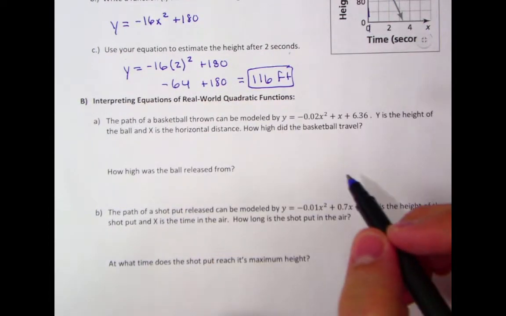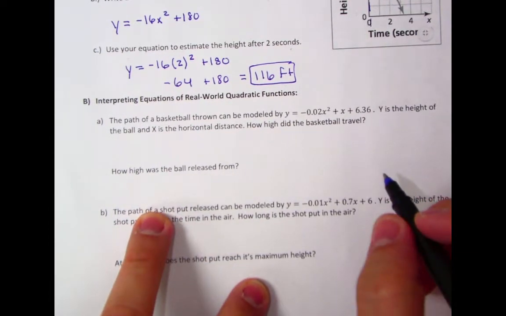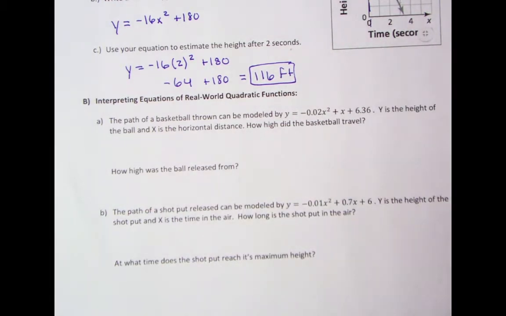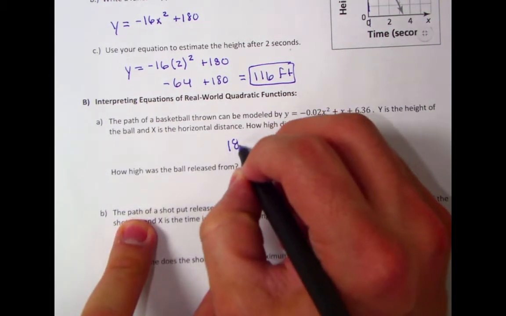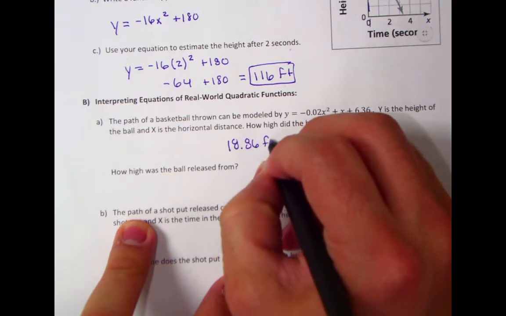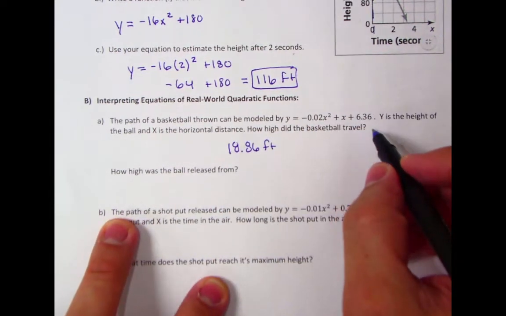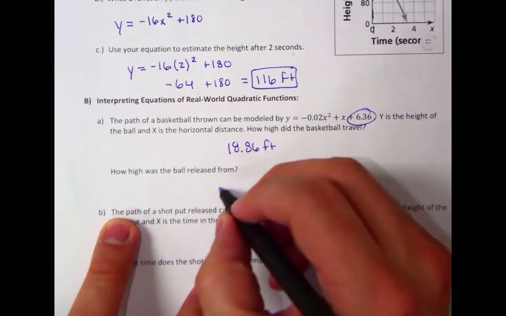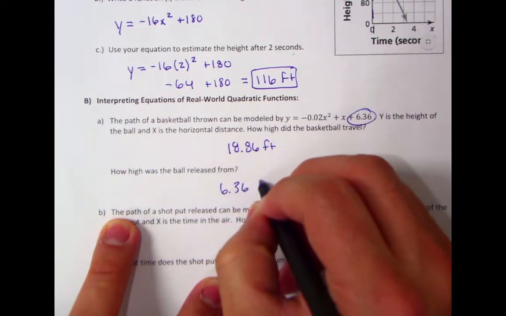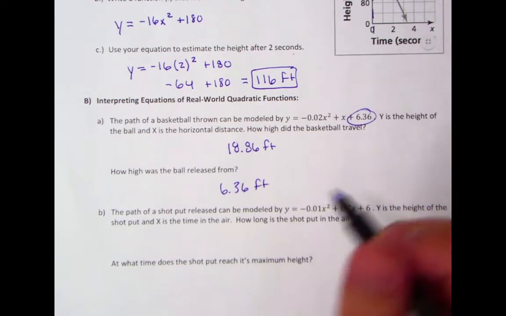Here's our equation. It said how high did the basketball travel? Well, we got 18.86 feet. How high was it released from? Well, that's just your y-intercept here. It's right there. It's 6.36 feet.